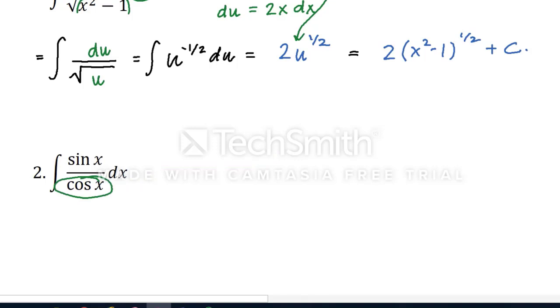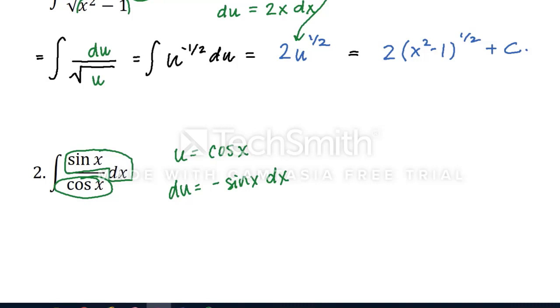It will only work if we let u be cosine. And then the derivative of cosine is du, which is negative sine x dx. Remember that differential dx because that's part of the integrand, and we want to make sure that they get exchanged. Like all the x's have to come out and all the u's have to go in, so the dx goes inside the du. Ashley? Can you still do negative du equals sine x dx?